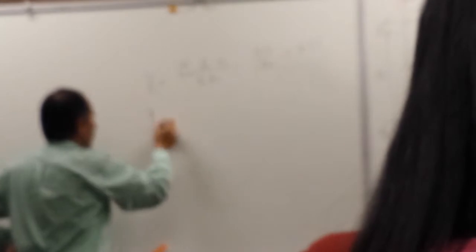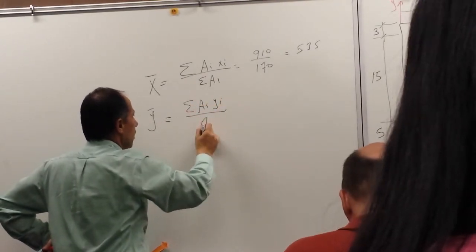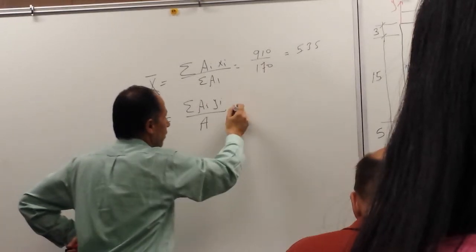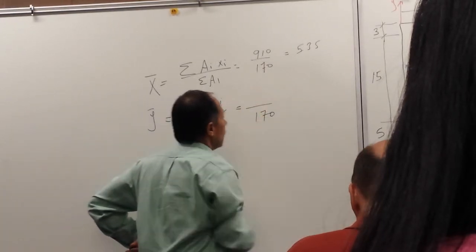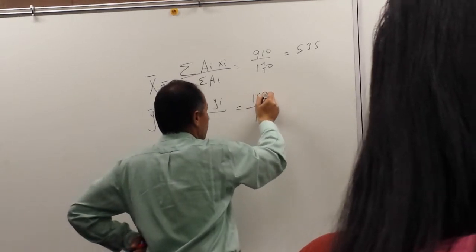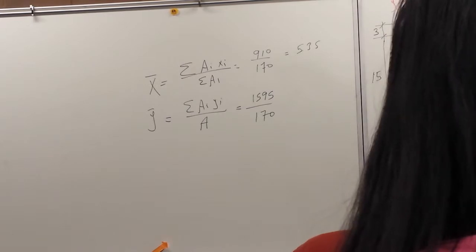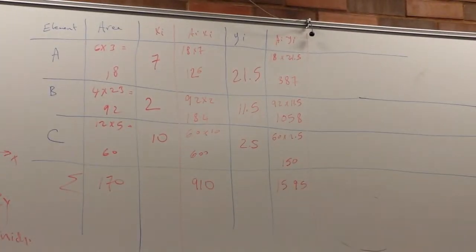Y bar, sum of A_i y_i over sum of A_i, 170. 1595. This is not 15.95, it's 1595, which is equal to 9.38.